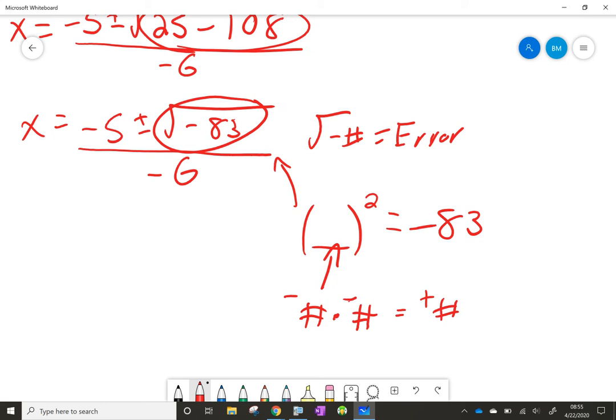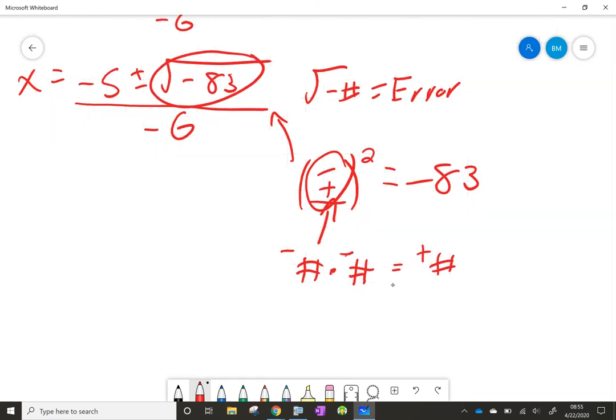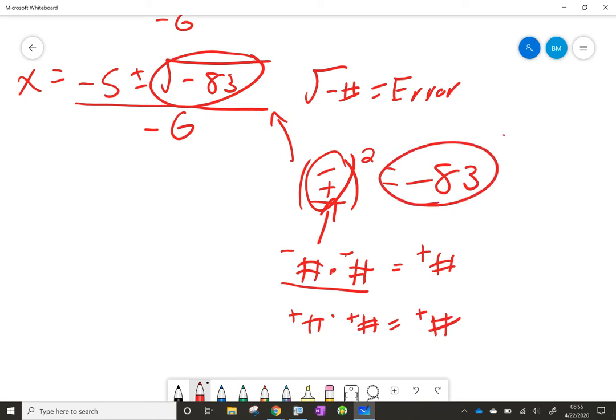So no matter if the number here was a negative or a positive, anytime you multiply it by itself, it would still be a positive number, because a negative times a negative would be positive. A positive number times a positive number would still be positive. So every time this number should be positive. So it's impossible for this number to be negative because of that. So you can't take the square root of negative numbers because there's no such thing as a number that can be multiplied by itself and then be negative.